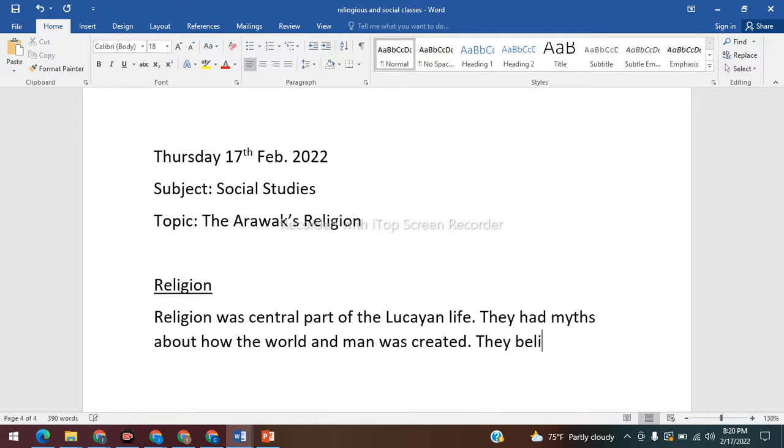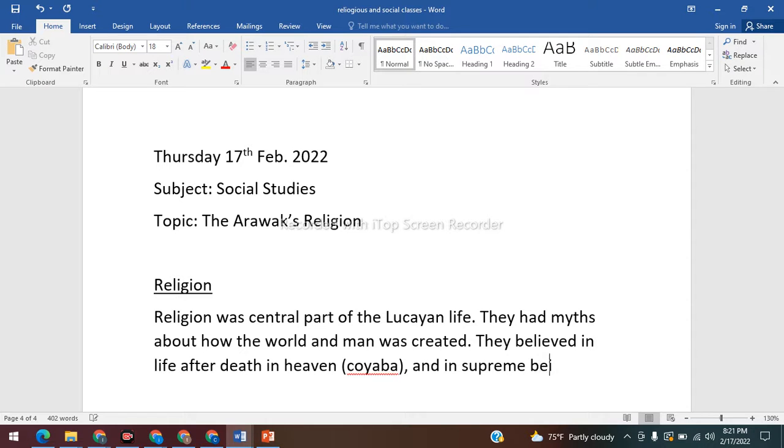They believed in life after death in heaven. What's the Arawak word for heaven? Koyaba. And in supreme beings, a sky god, and an earth goddess.